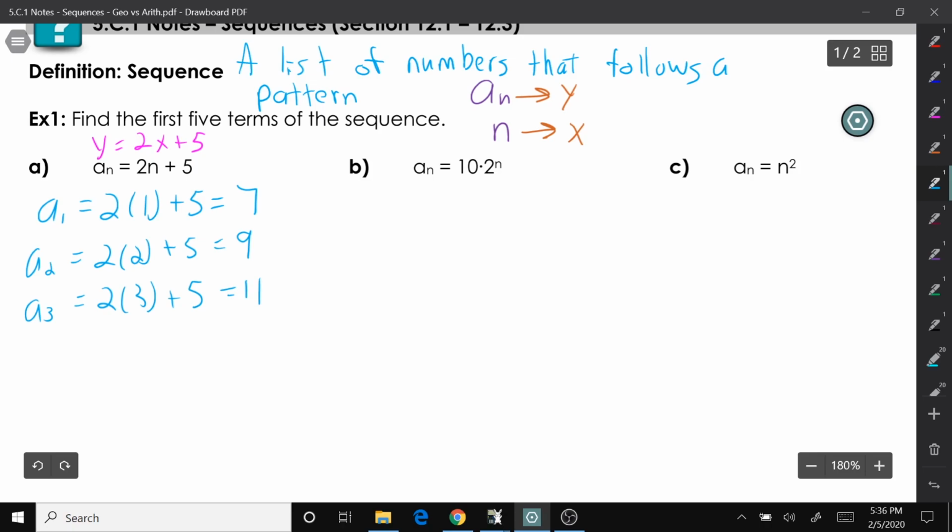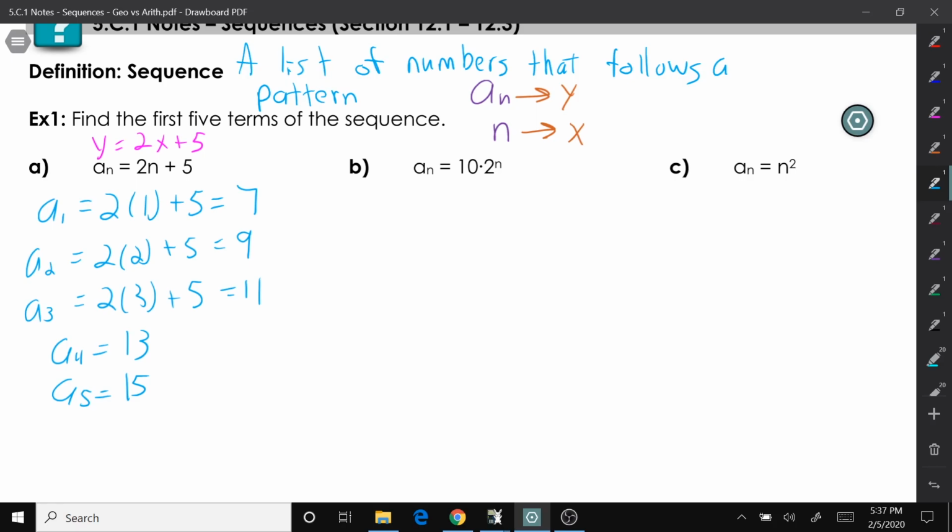So you can see we're just adding 2 each time. So a4 would be 13, 11 plus 2, and a5 would be 15.